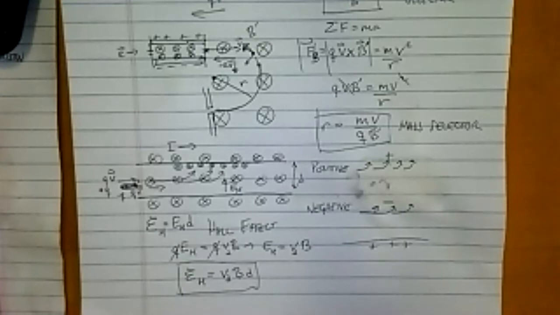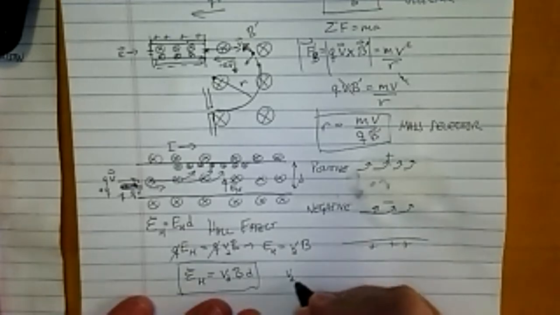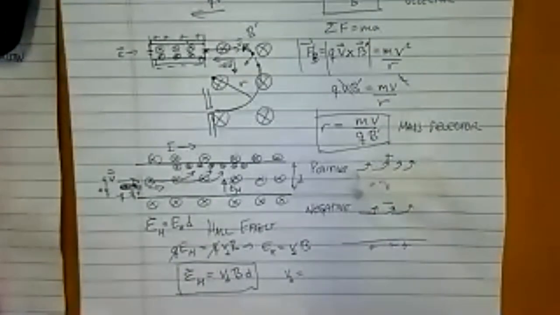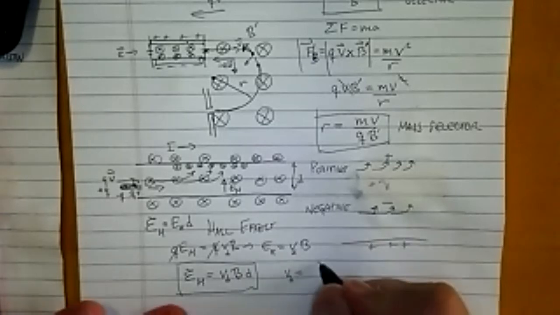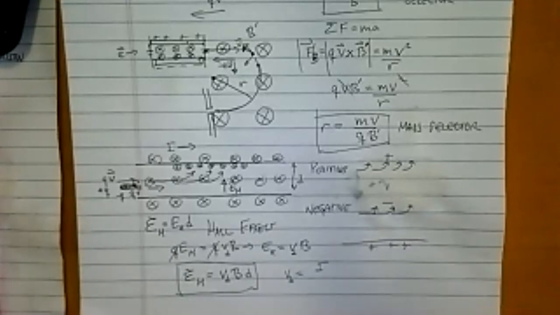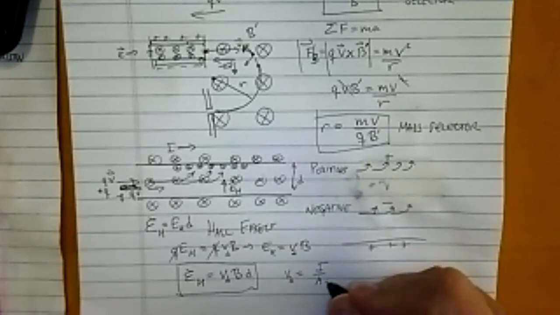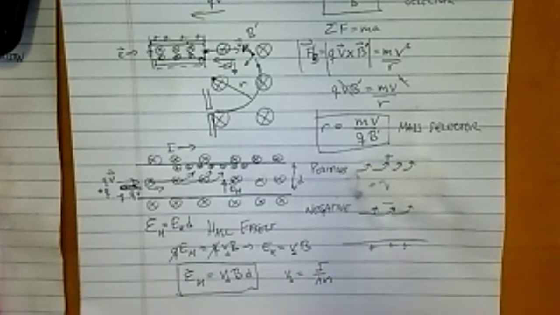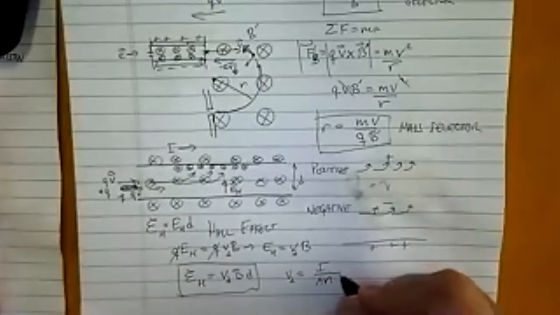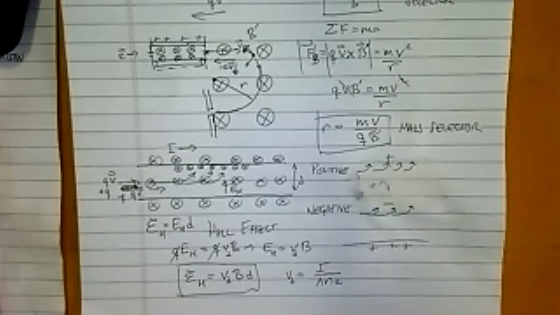The drift velocity is supposed to be equal to the current I divided by the area, that's the current density in other words, and then divided by the number of charge carriers, we call that N, and then the actual amount of the charge, that's the letter E, 1.602 times 10 to the negative 19th.